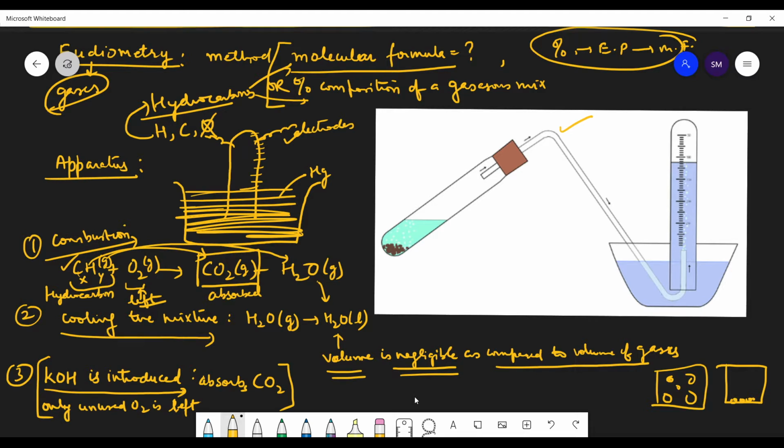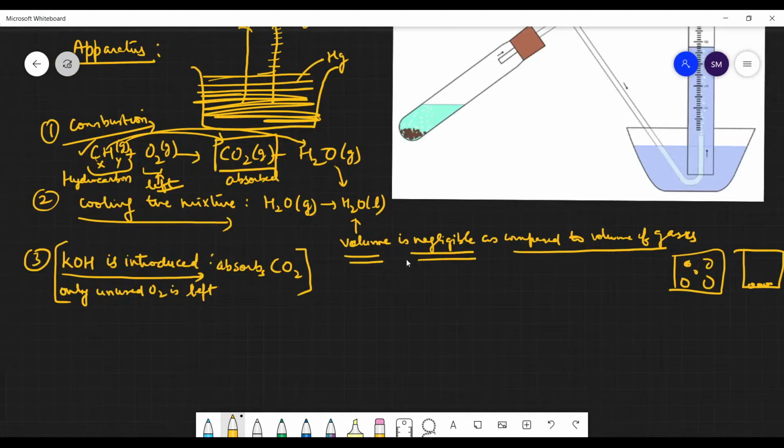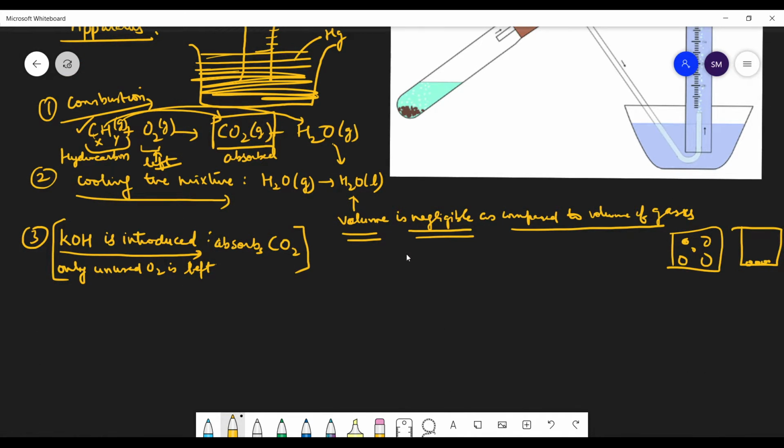Now this unused volume of oxygen is also measured, but we don't need it. So what is the principle behind this?